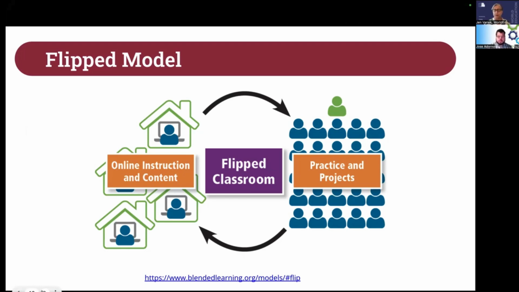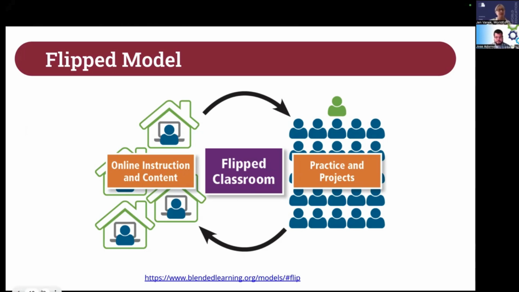In the pilot, we used a flipped model where the learners were doing all of the videos and pre-reading online at home and then coming into class to do the hands-on demonstration work, because in many career programs, there is an actual physical, hands-on demonstration component of the training that has to happen.